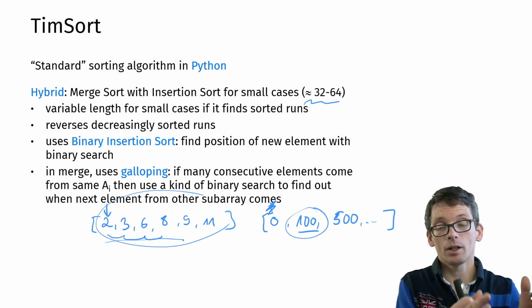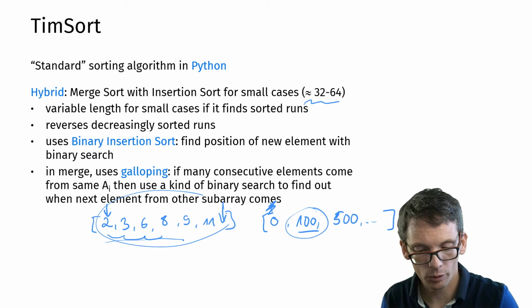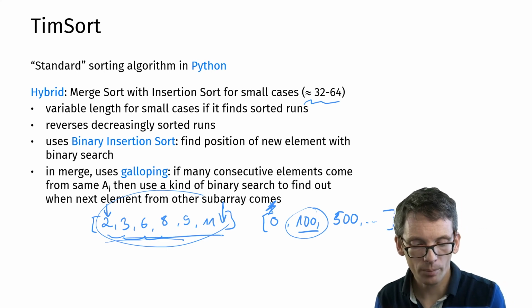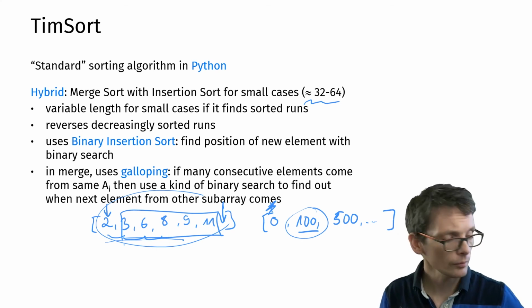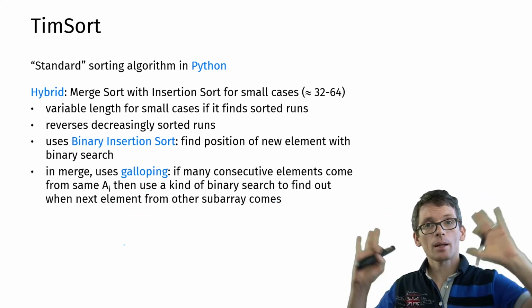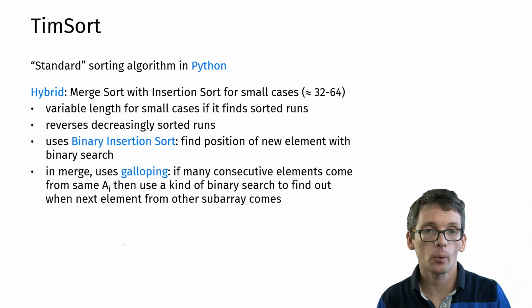And then if we know where the 100 fits, which would be at the very end, then without comparisons I can simply move everything into my merged array. Okay, so that's Timsort, just in case you were wondering what Python is doing.